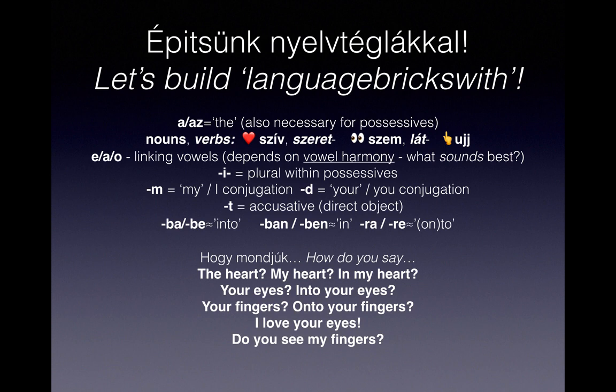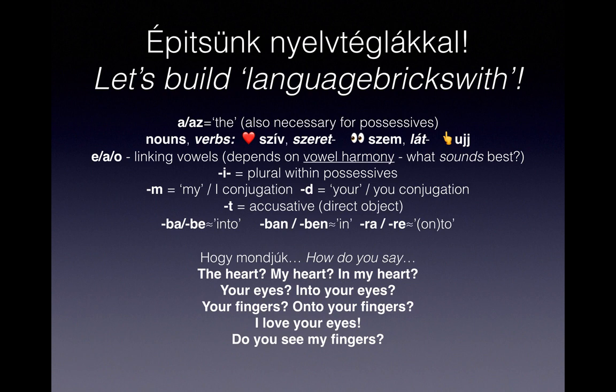So, szeretem, az. The Z gets there, it's like the in English, so az is like the. So, szeretem az ujjaid, or az ujjaidat is I love your fingers, and then I love your eyes is szeretem a szemed, or a szemedet.